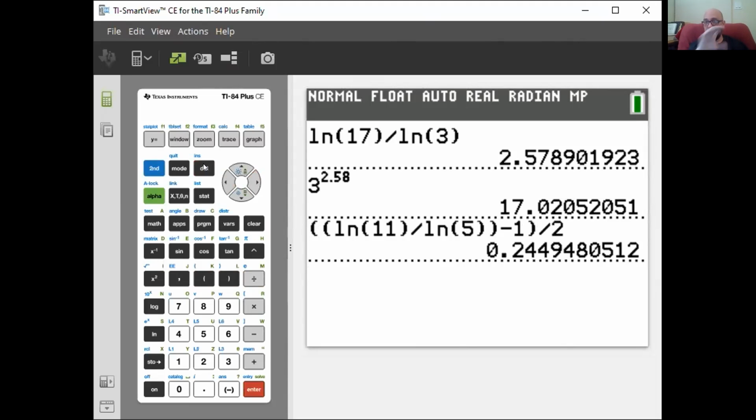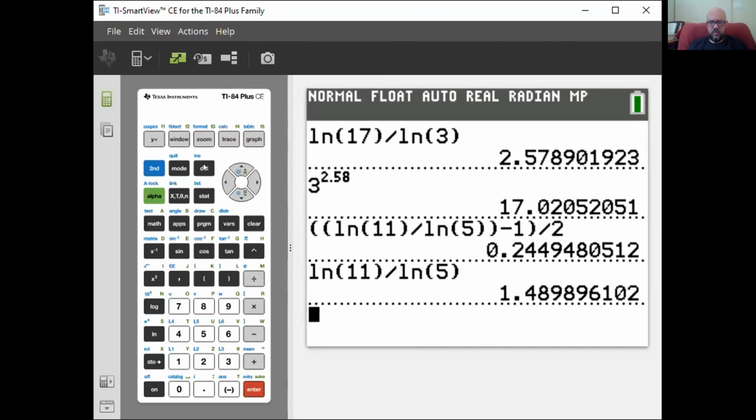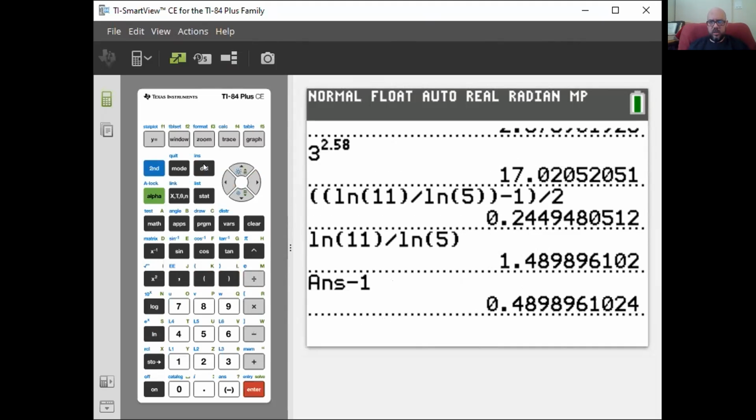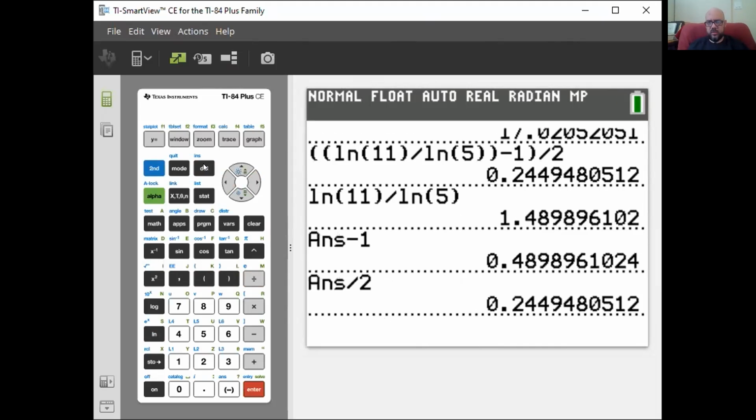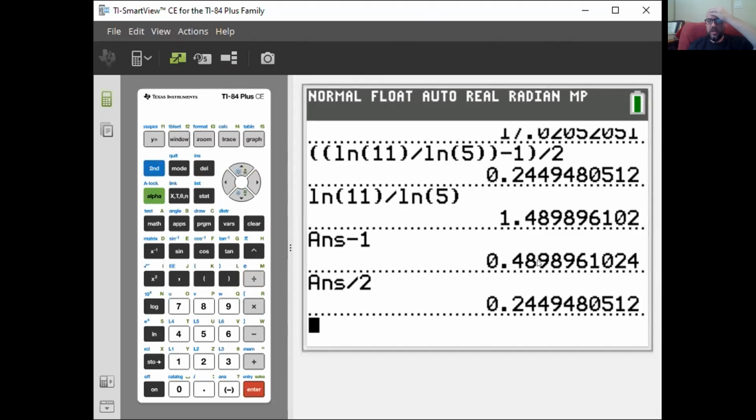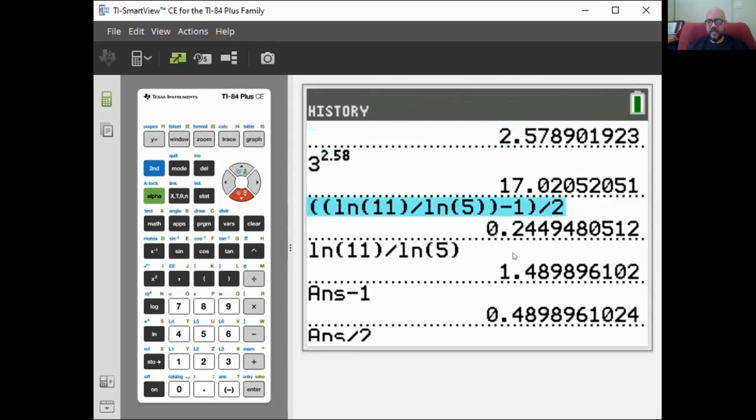And I get that. Now you could certainly do this in multiple steps, right? It's actually not a bad idea to do this. I kind of like this better, to be honest. Take that and do minus 1, and I'll divide by 2. All right. So you can do it that way if you want to. I like that better because then if you're trying to fix it, you don't have to fix a big expression like this.